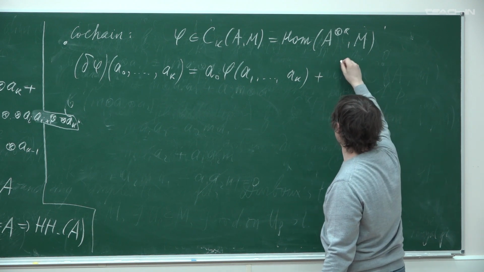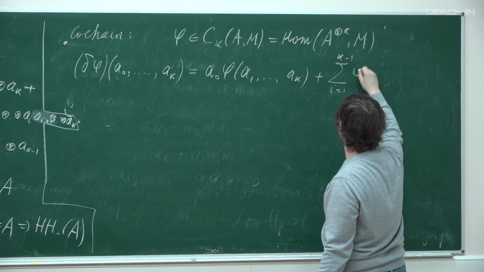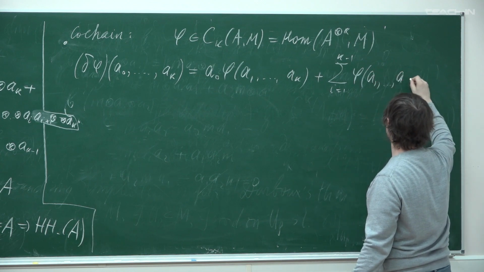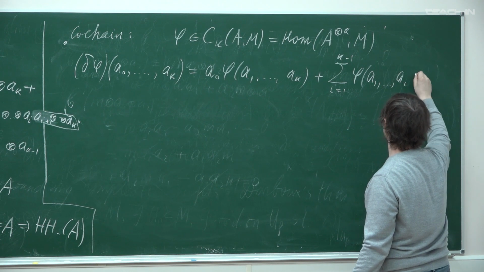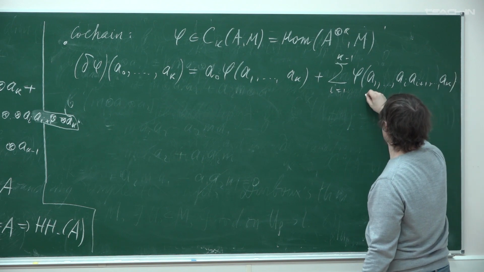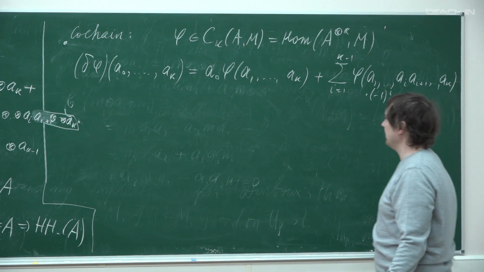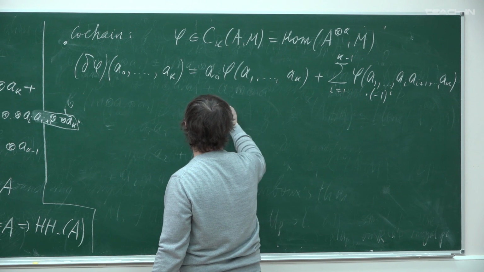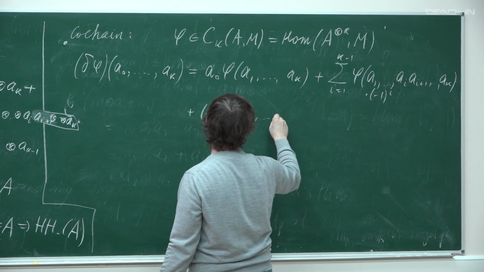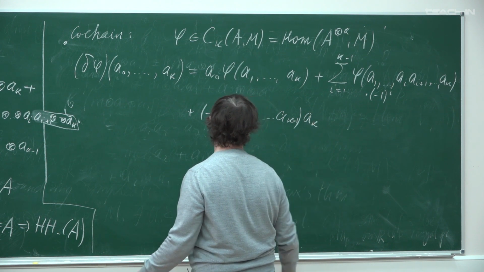After this, we proceed just like before with the alternating sum of phi applied to the combination with a(i) a(i+1) multiplied, with minus 1 to the power i, right? And finally, we'll have minus 1 to the power k, phi of a1 through a(k−1) multiplied by ak.